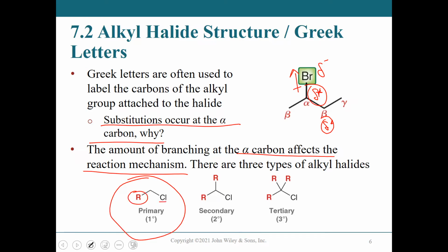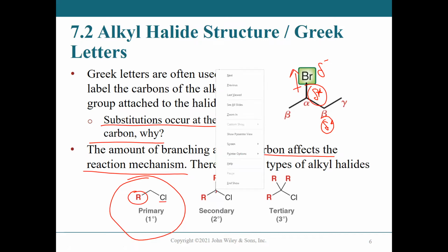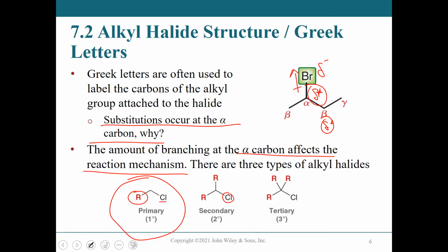Here is secondary, because the carbon that holds the halogen has two branches. And this one is tertiary because the carbon that holds the halogen has three branches. Okay, is there any quaternary alkyl halide? No, there is no way you can have a quaternary alkyl halide. Only primary, secondary, and tertiary alkyl halides.